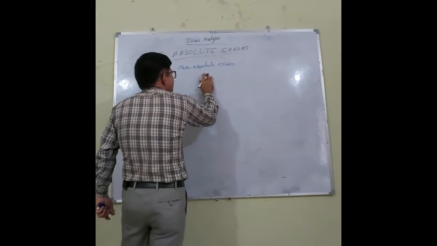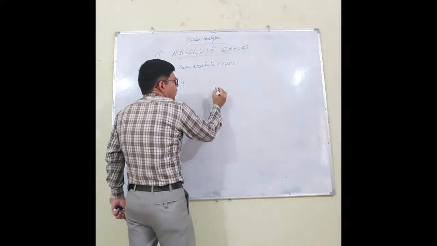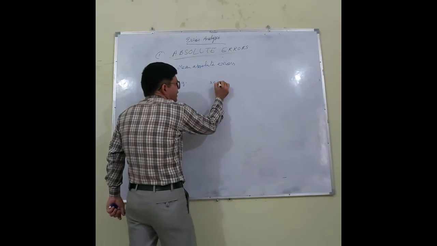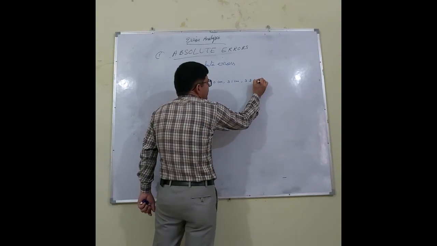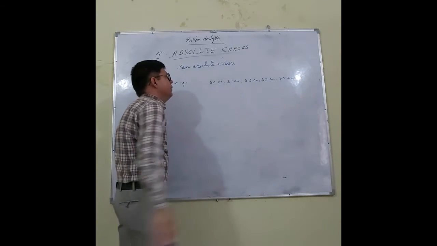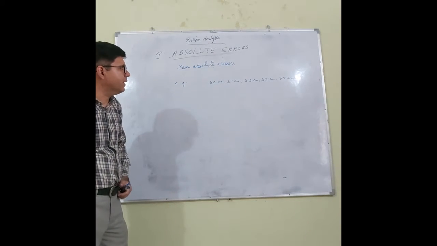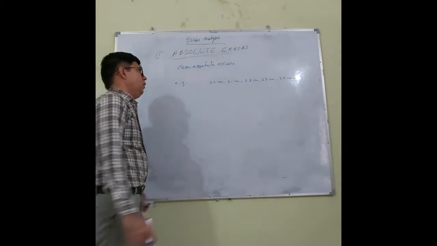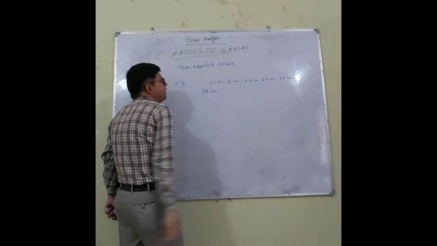For example, if I say that the length of a line is, let us say, 32 centimeter, five students measure its length as 30 centimeter, 31, 32, 33, 34 centimeter. But the actual length is 32 centimeter.